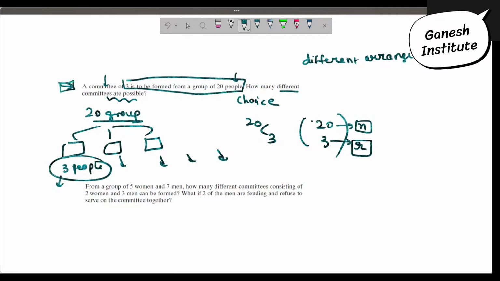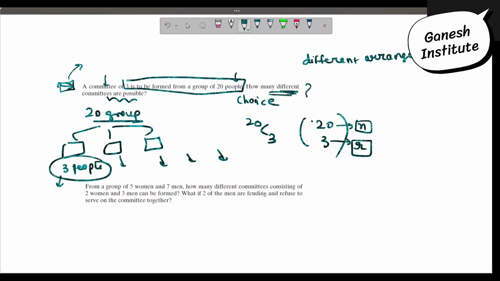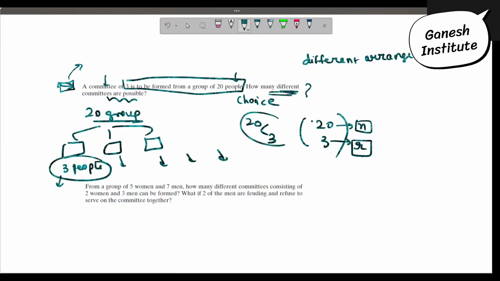I know this is a bit confusing, that you could not identify whether it is permutation or combination. Let me give you a robust plan. Let's go further and then we'll talk about it. Until you yourself can identify, I will not move further. Don't worry. So this is 20C3.